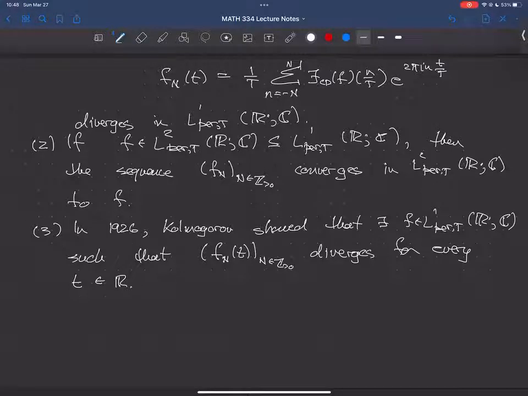What this means is we have pointwise convergence nowhere.